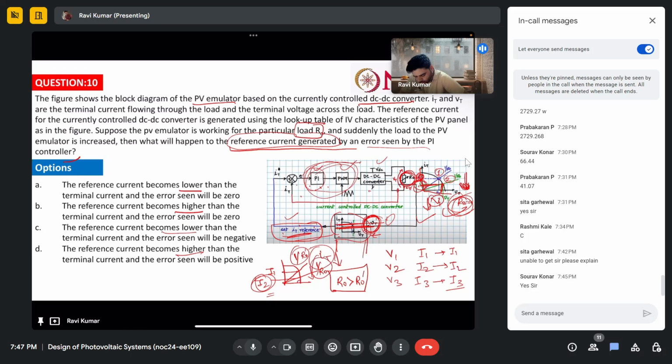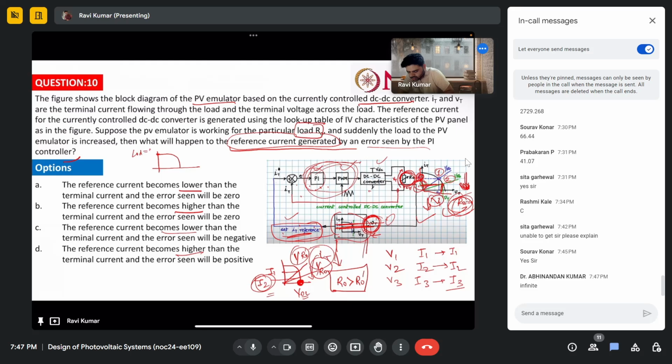What is the load here? See, what is the VOC condition? At VOC, what is the load resistance value? Infinite. Abhinandan said infinite. So it means if load is increasing, then this line will go down definitely. Let me tell you one thing.